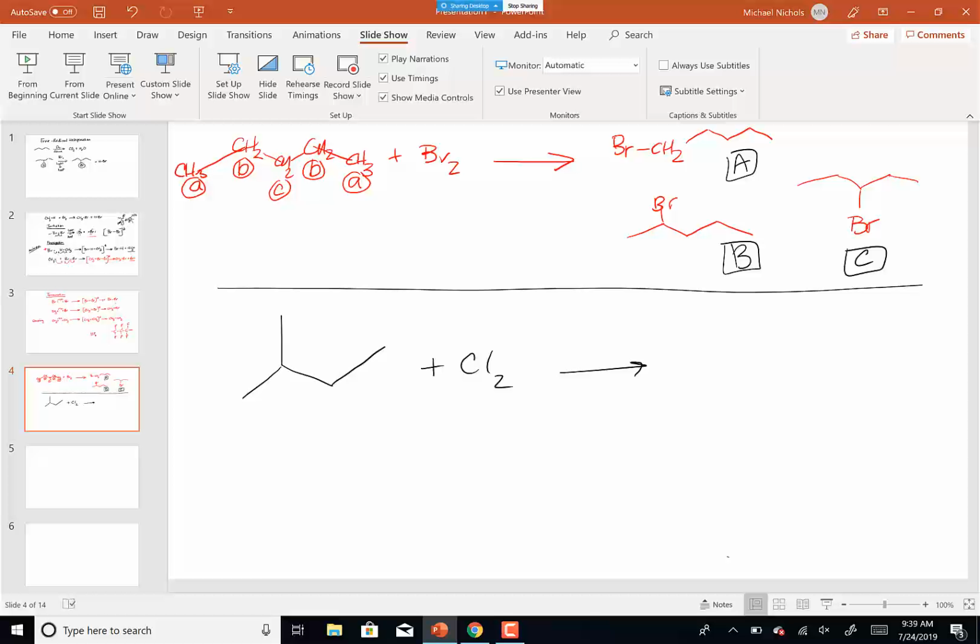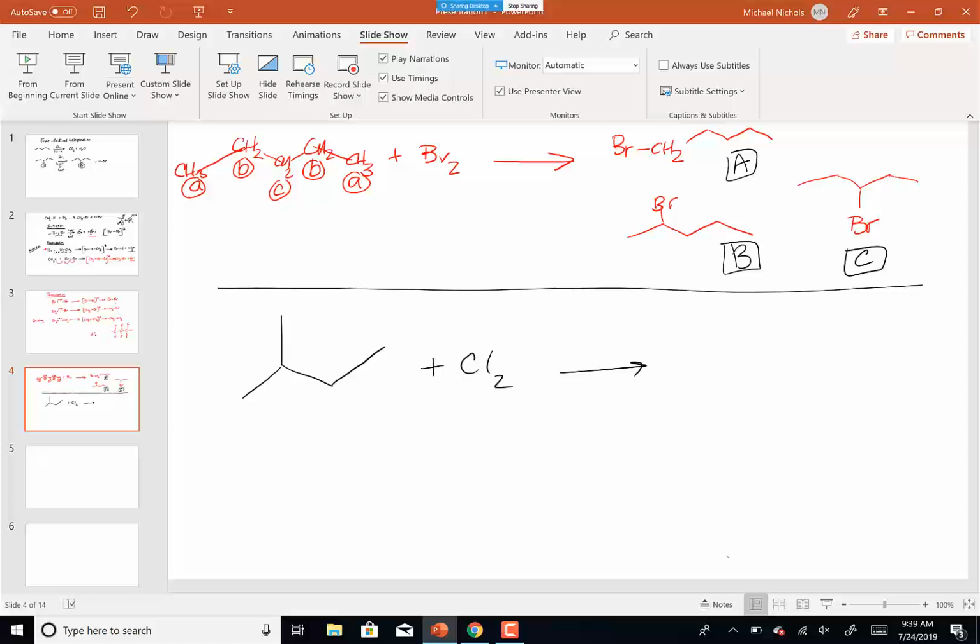That was the correct answer. So write out the unique products for this reaction. You can write those out on your little board and then show them to me, and then we'll figure out how many we've got.